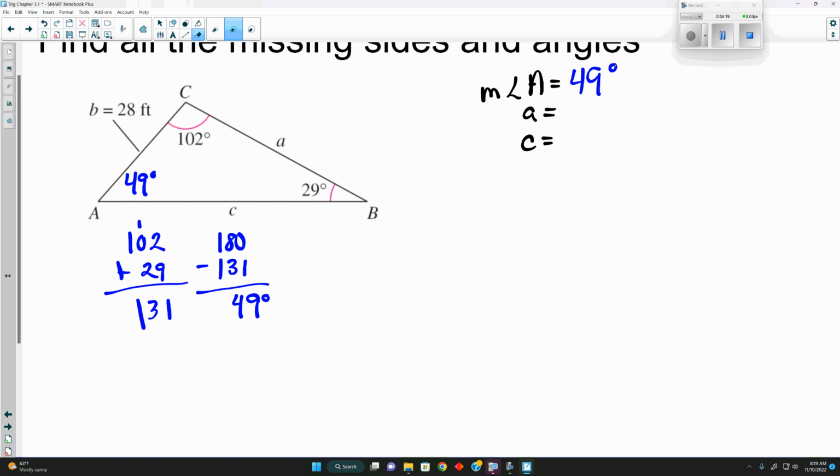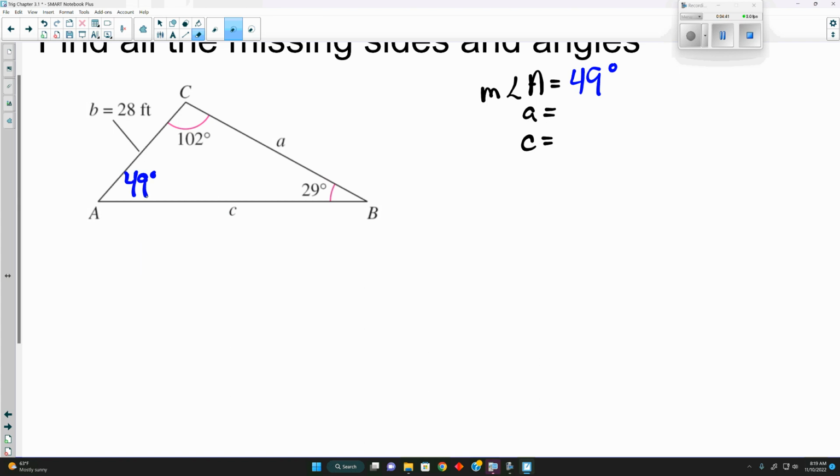And we could have done that in a calculator. You could have done 180 minus 102 minus 29, and it'd get you 49 degrees. Questions on this? Questions on anything we've done so far? Okay. Oh, there's part of the 49.